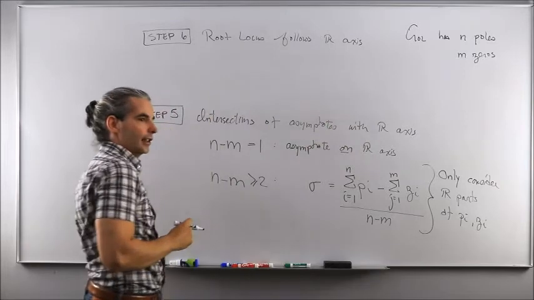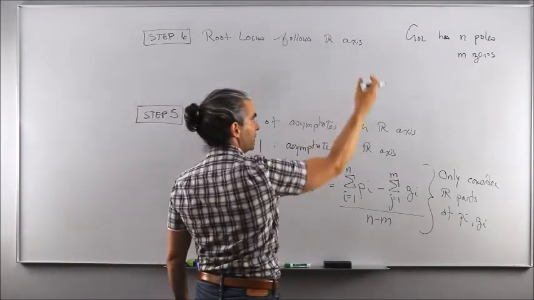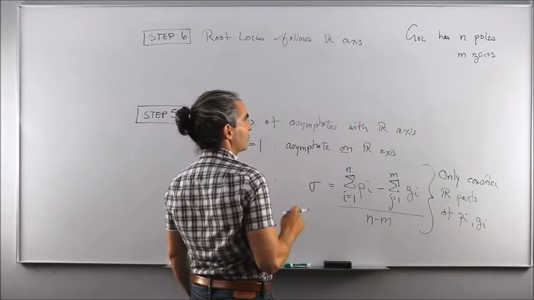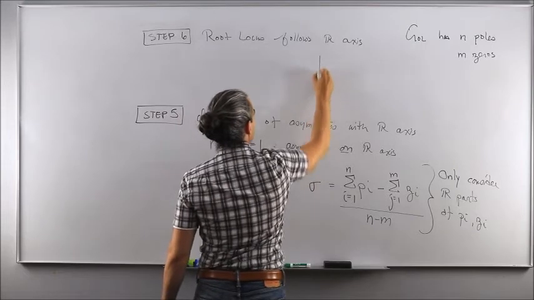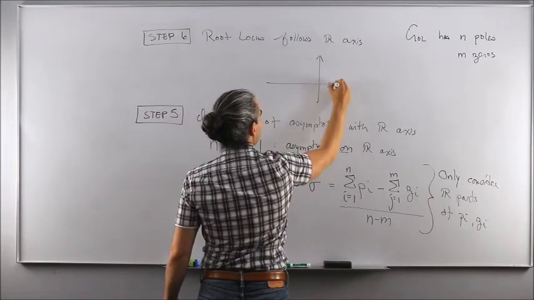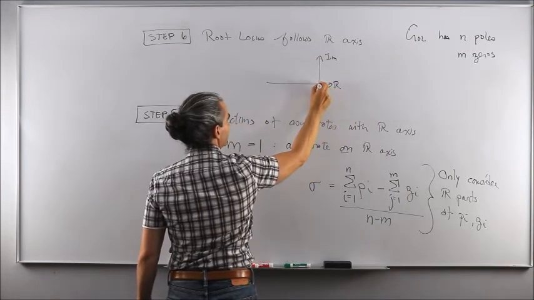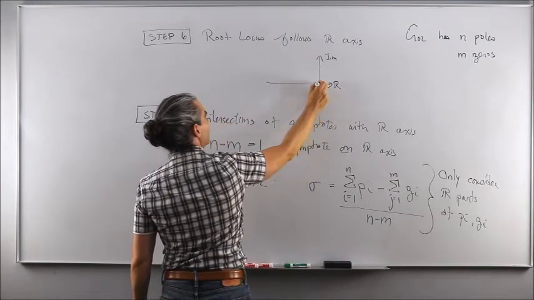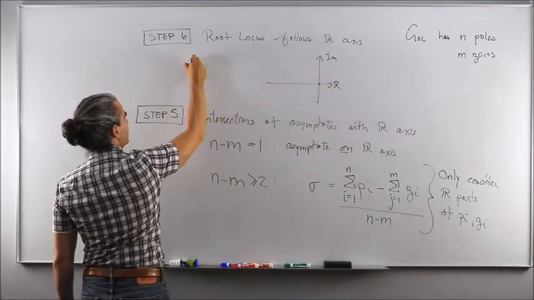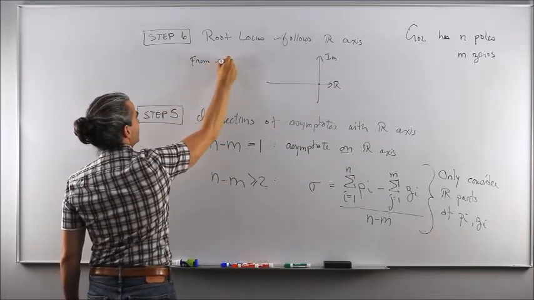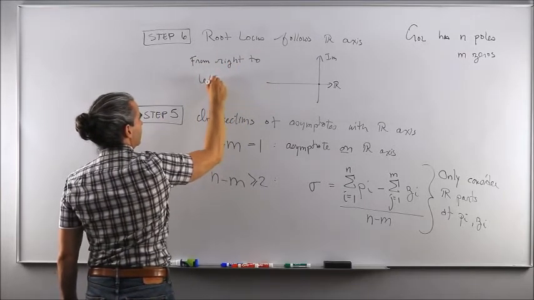And for this, it's not an equation, it's just from visualization of all the poles and zeros you had placed in the root locus. You need to count. So the way that we count is that we start at the origin here, and we count by moving to the left. So I'm going to say from right to left.